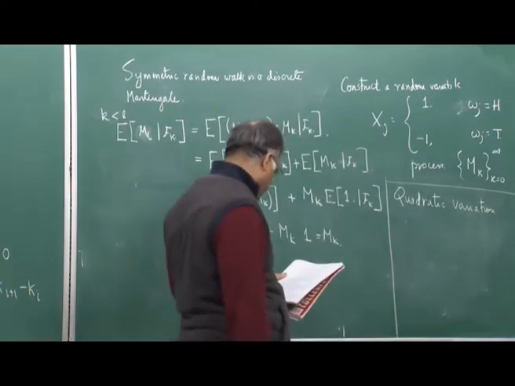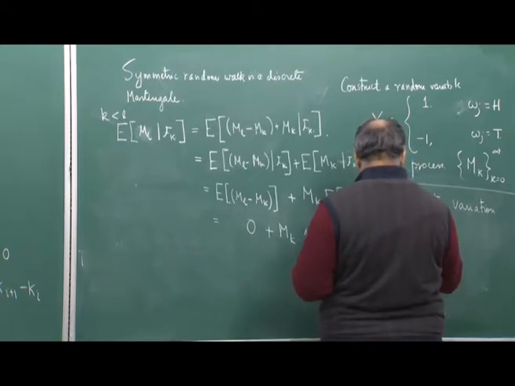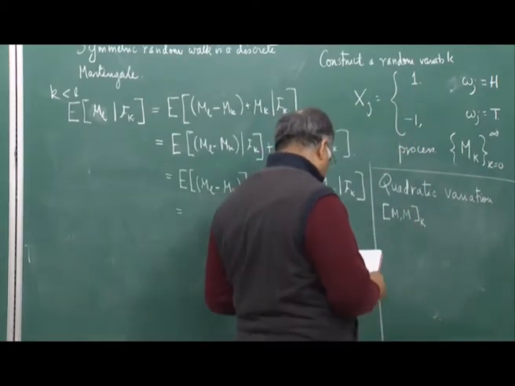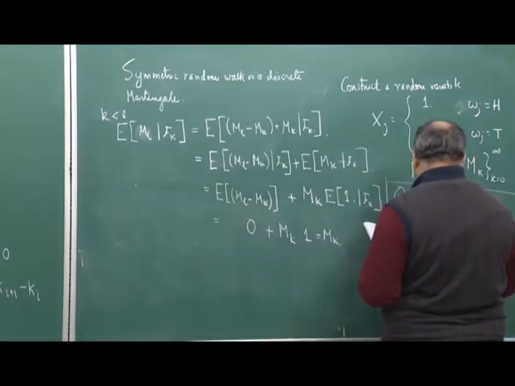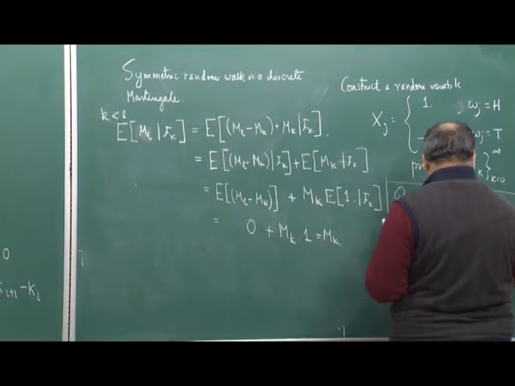So, the quadratic variation is expressed in the following way. [M, M]k is defined as the summation j equal to 1 to k of (Mj minus Mj minus 1) whole square.